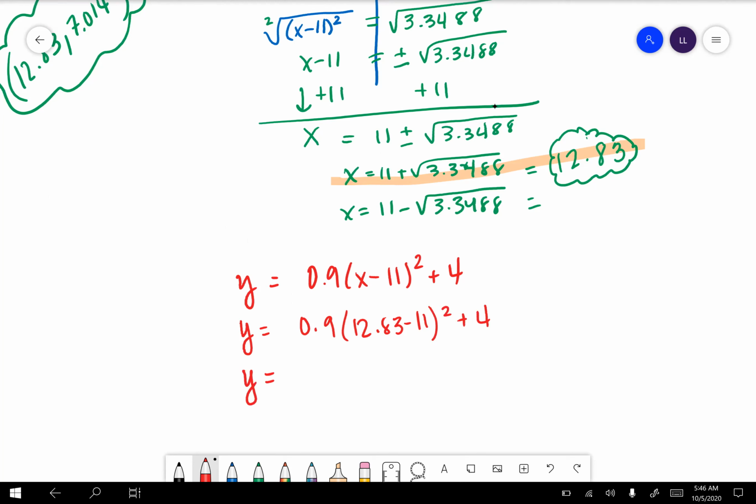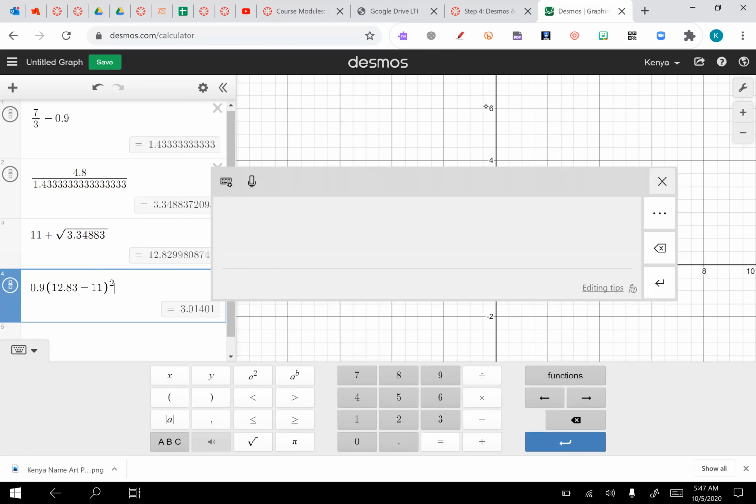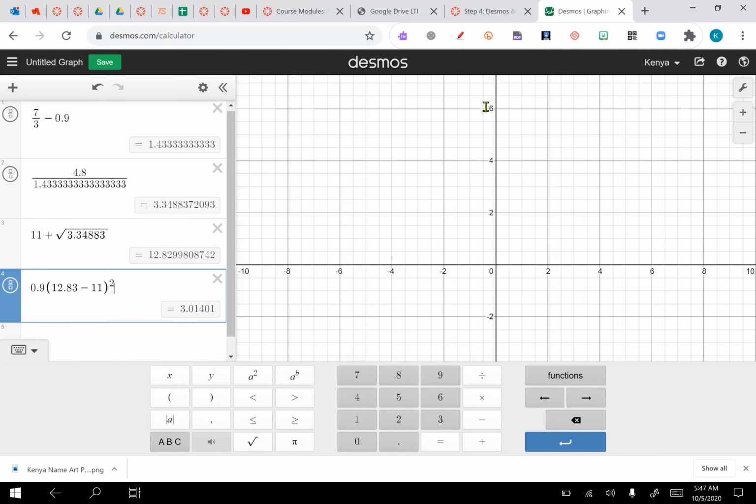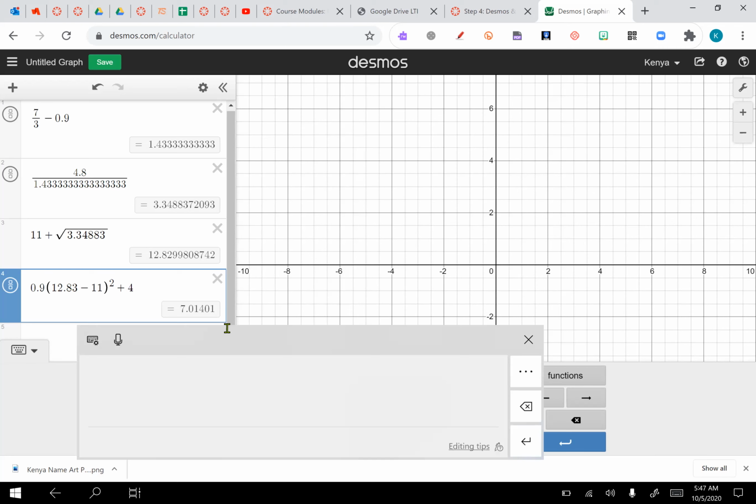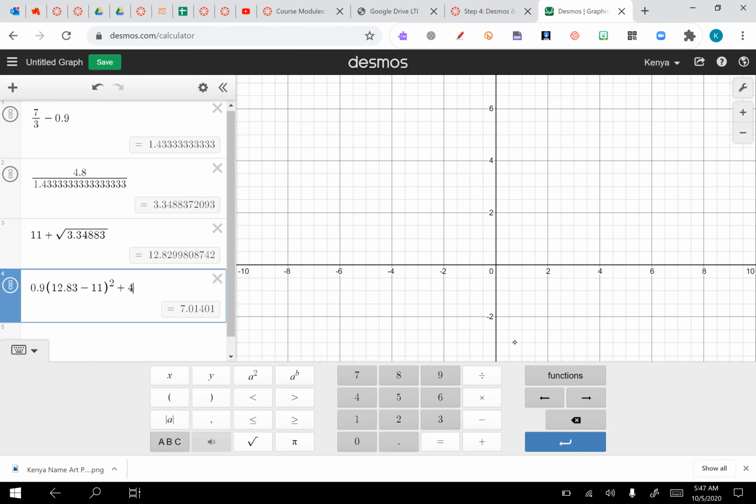So we're going to take this expression and plug it into Desmos as our calculator. Here I am in Desmos typing in 0.9 times (12.83 minus 11) squared plus 4. And voila, it gave me 7.014, which is my solution. Therefore, I have solved and verified the system.